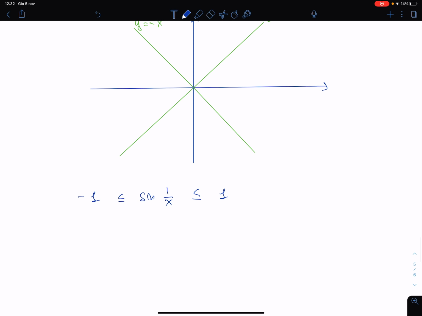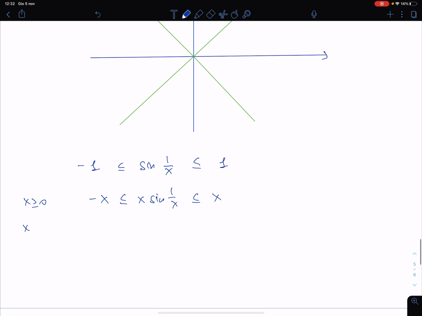Then multiply by x for x larger or equal 0, and here you have -x less or equal x sine 1 over x, less or equal x. And for x less than 0, we have that x less or equal x sine 1 over x less or equal -x.